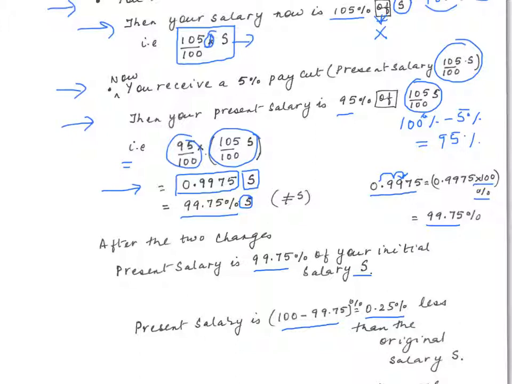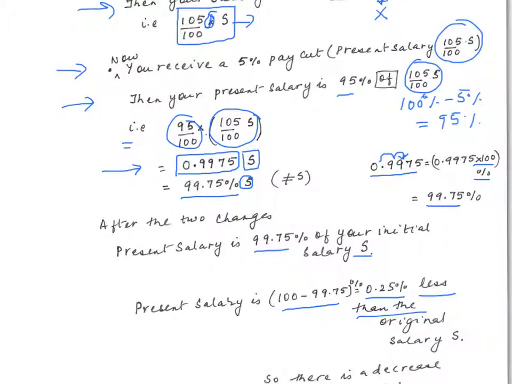So your salary has changed, even if it's by a very small percentage. So your present salary is 0.25% less than the original salary that you started with that we called S.